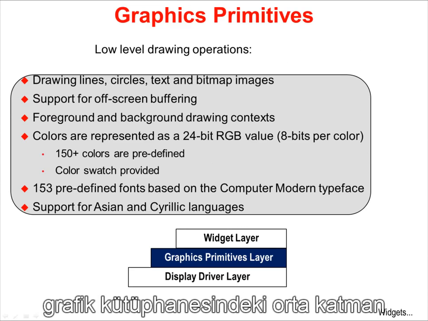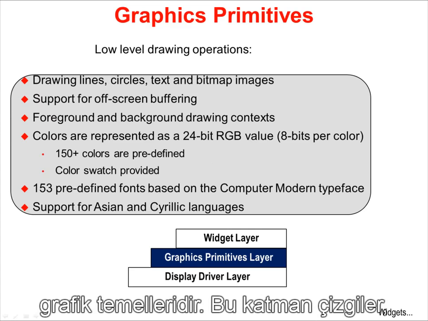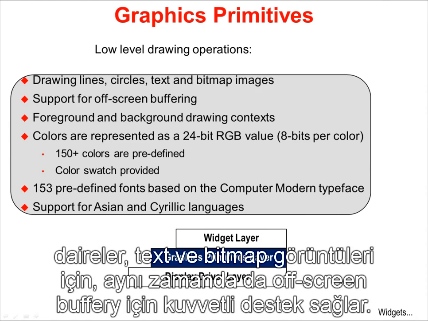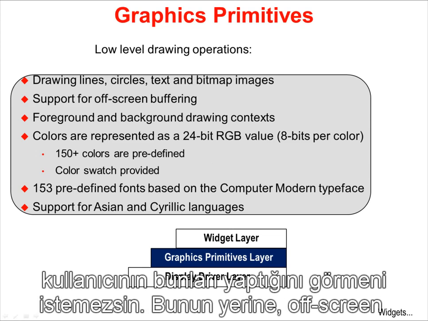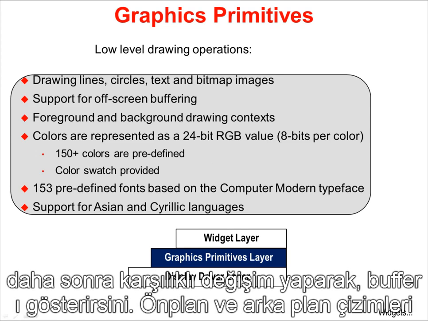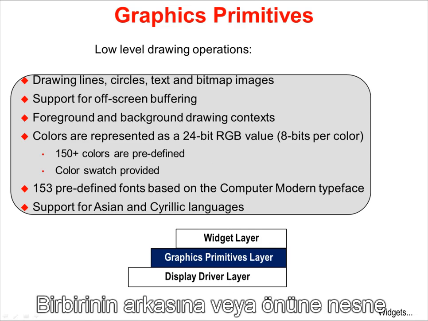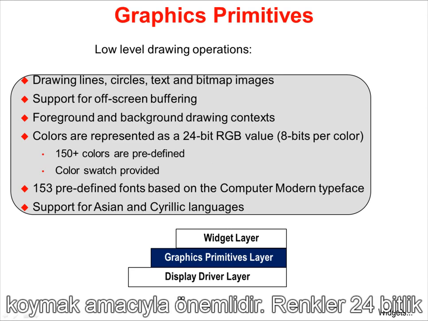The middle layer in the graphics library is graphics primitives. This layer provides drawing support for lines, circles, text, and bitmap images, as well as support for off-screen buffering. Many times you don't want to write directly to the display and have the viewer see you doing it. Instead, you can write to an off-screen buffer and then swap and show that buffer. Foreground and background drawing contexts are important so that you can put objects behind of or in front of each other.